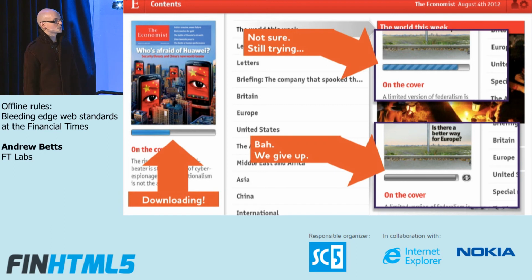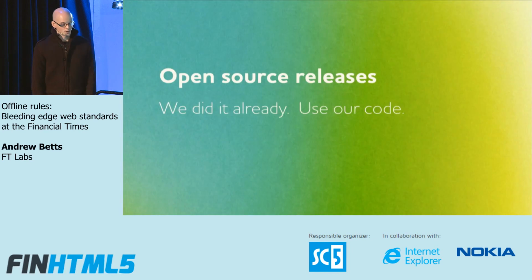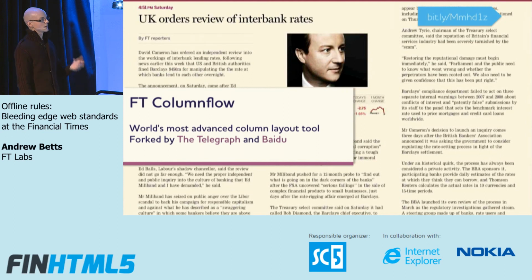I'll finish with just telling you a little bit about some of the open source releases we've made that you might want to make use of in your own projects. So, we've done this stuff already, you can use ours. We created a library called Column Flow that enables you to lay out content very much like a magazine in very tightly horizontally paginated columns.